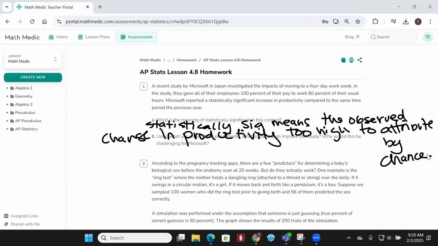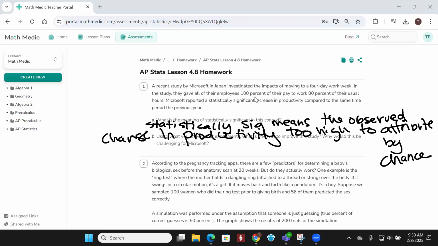And the difference? They said that there was an increase in productivity, right? So the difference between those two, is it going to be greater than 5 or is it going to be less than 5?